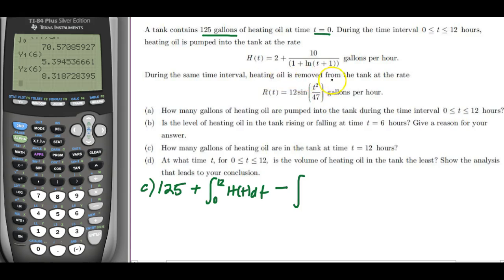So heating oil was removed based on the second function, R of t. So the integral between 0 and 12 of the R of t function will tell us the net change of how much oil came out between 0 and 12 hours. So what I had to begin with plus what went in minus what came out is going to give me the total amount of oil in the tank at time 12 hours.